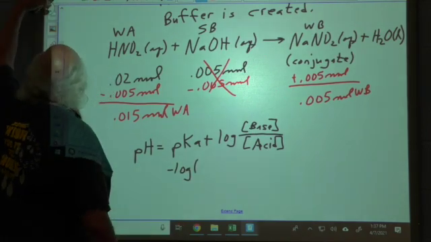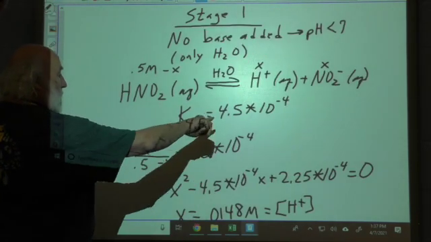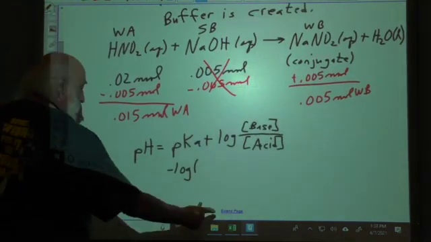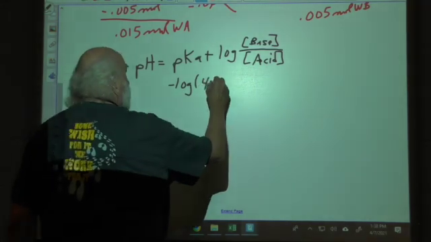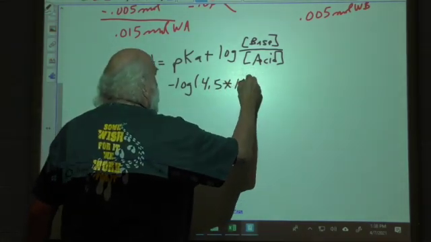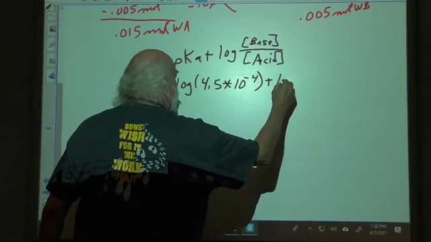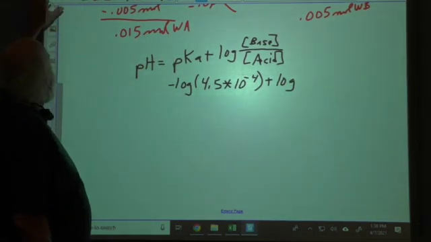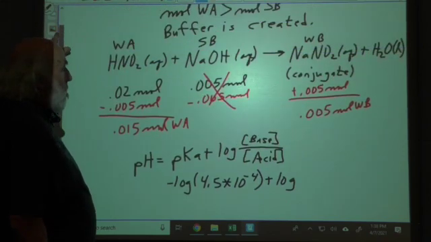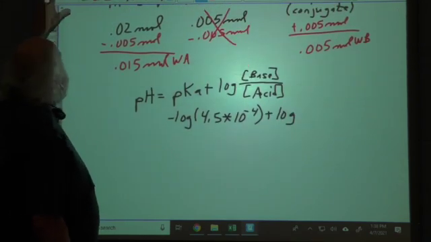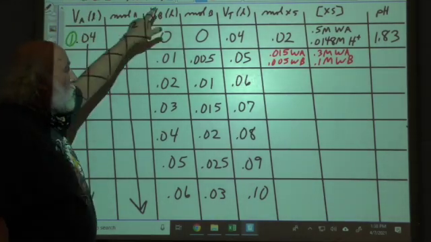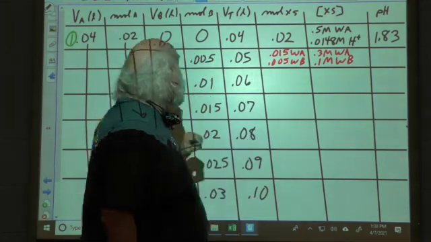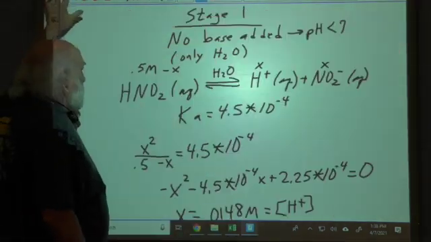Well, the Ka, we said, over here, is 4.5 times 10 to the negative 4. Plus the log. Now the concentration of the base, we didn't put it there, it's in the chart. Concentration of the base is 0.1, the concentration of the acid is 0.3. So we put those numbers in there.